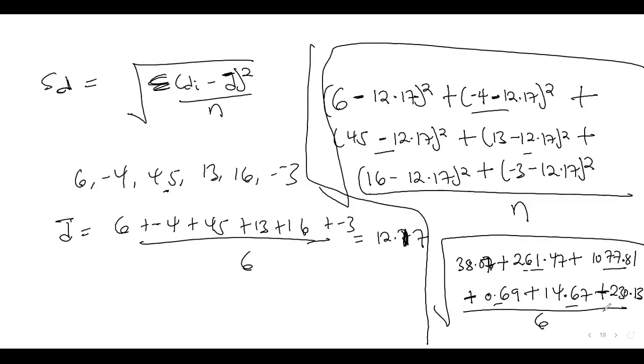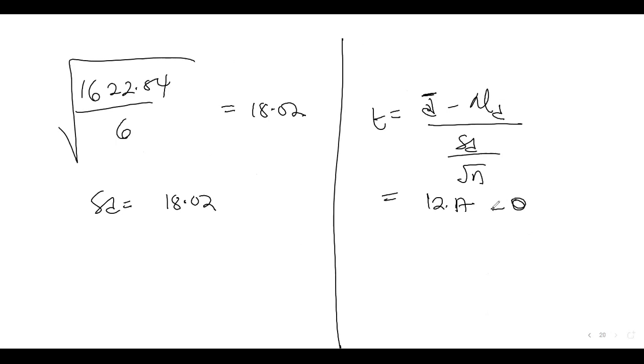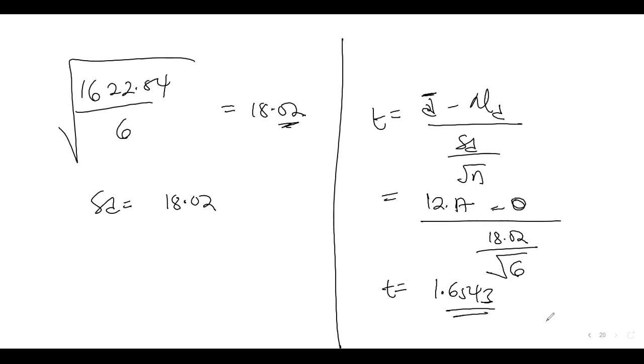So that means that here it will be minus 0, the same way we did for the independent sample. So always the population side will be 0, unless the question says otherwise. Divided by the standard deviation we found, that is 18.02, all over the square root of the sample size. Sample size is 6, because there are 6 people who used it, all right? So if you fix everything, our computed T will be 1.6543.